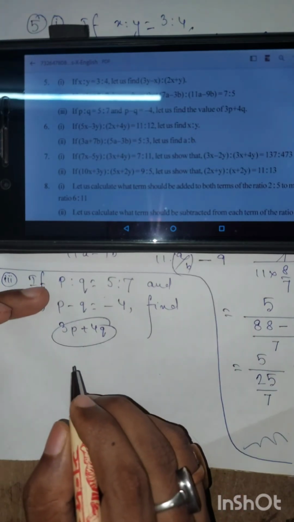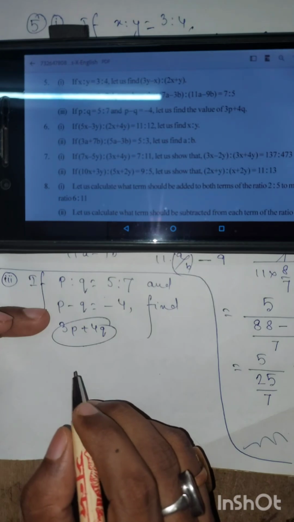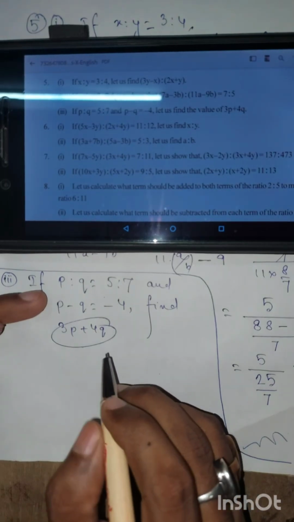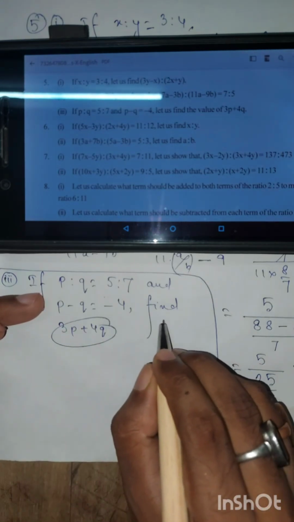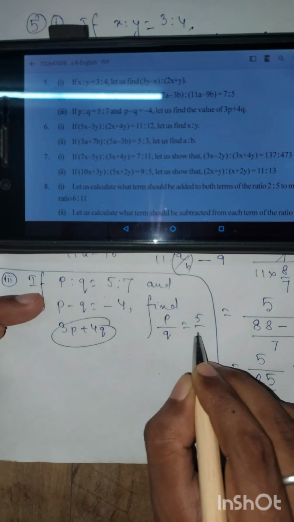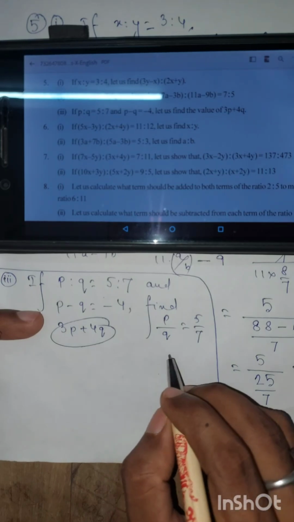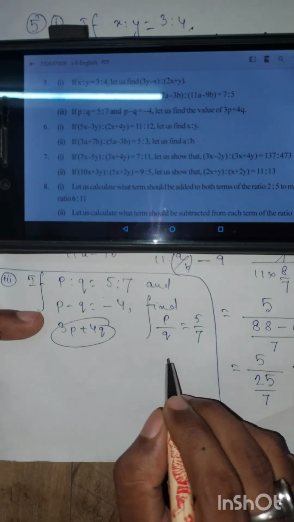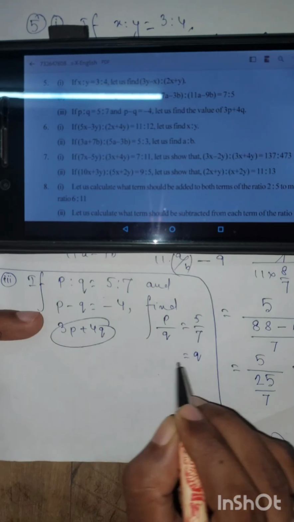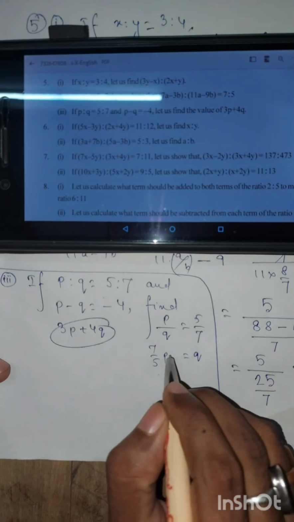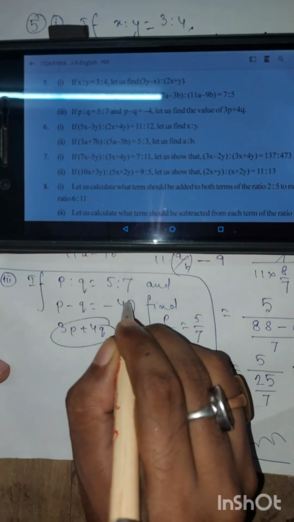So P is to Q equal to 5 by 7. So we can write Q is equal to 7 by 5 P. So now we can put the value of Q in this equation.